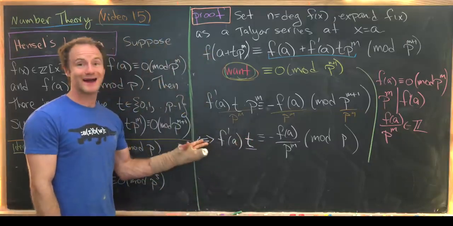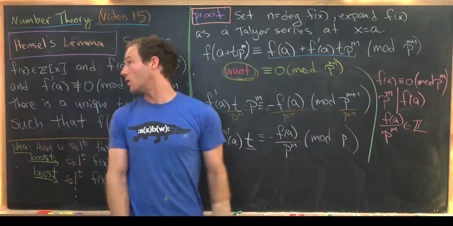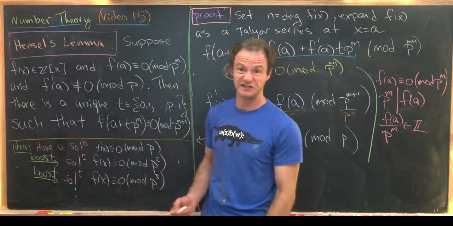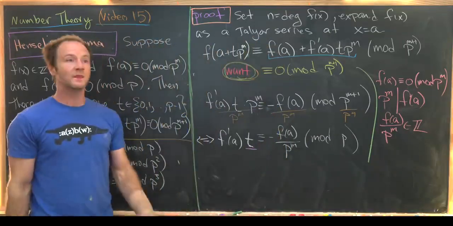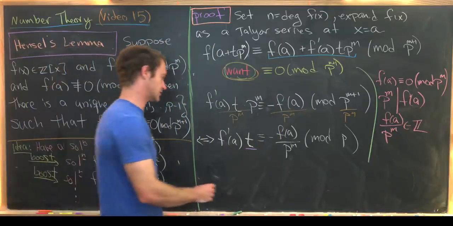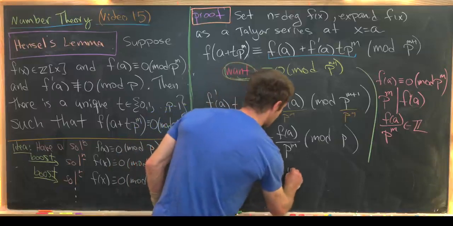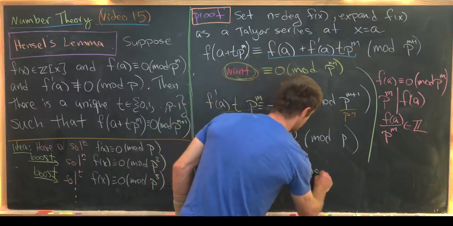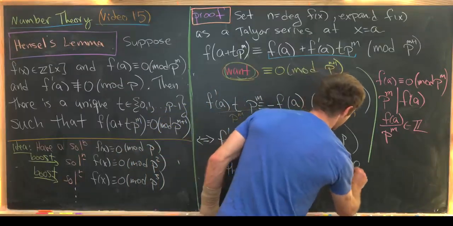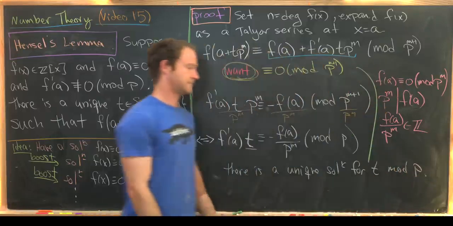Well, let's notice by assumption, f prime of a is not 0 mod p. That's one of our assumptions that we haven't done anything with yet. So by some previous work involving solving linear congruences, we know there is a unique solution for t mod p.